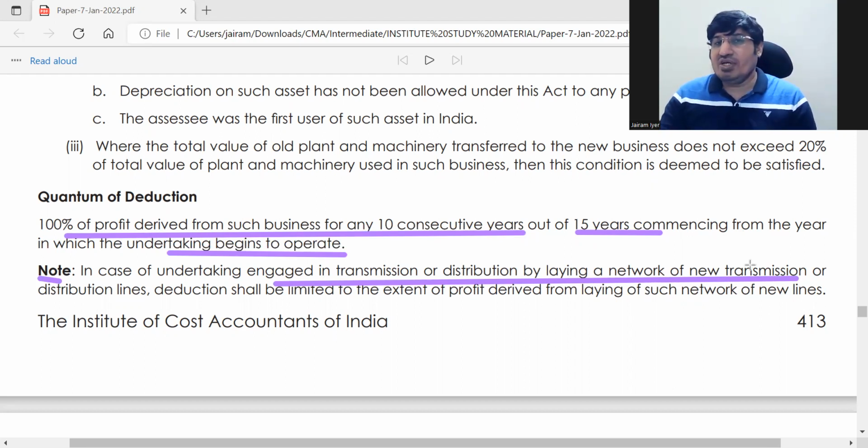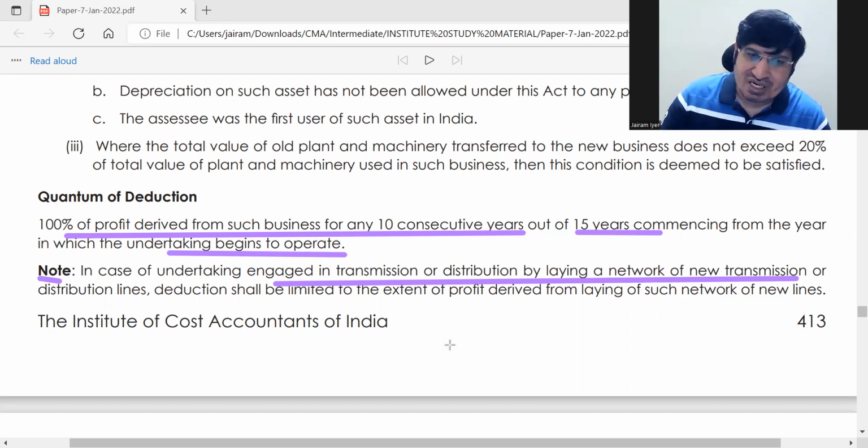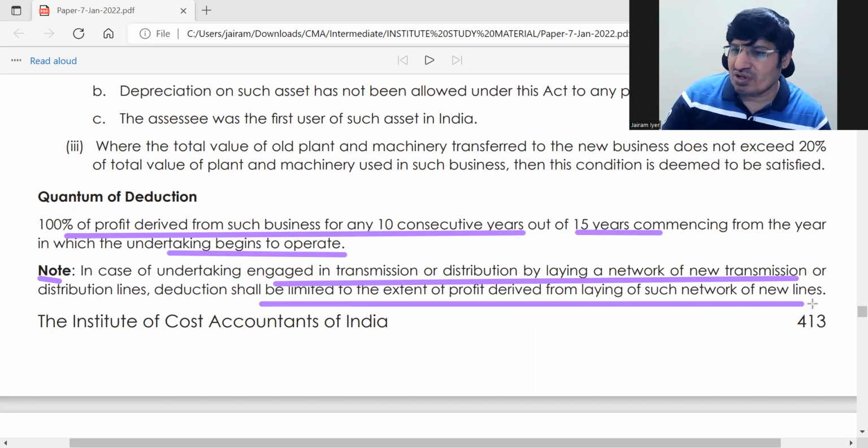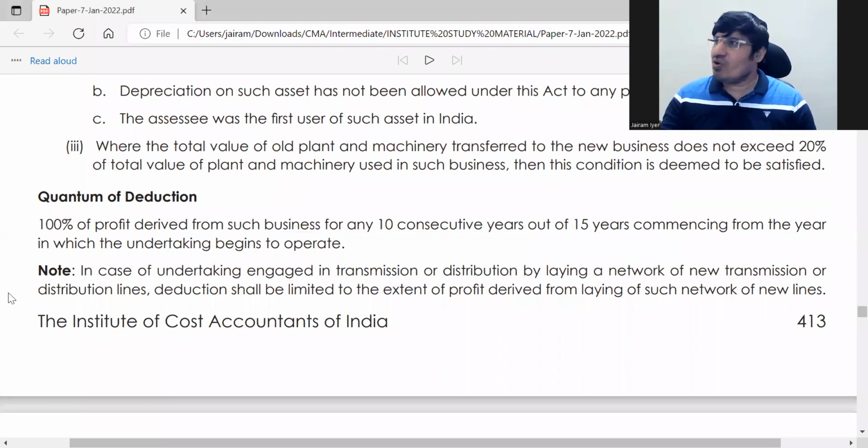So whatever new lines they are laying, in new areas, the deduction will be only for the new lines. Deduction shall be limited to the extent of profit derived from the laying of new lines. But for old lines you will not have it. For electricity companies and all, you already have lots of existing lines. Whenever you are laying any new lines, this will be applicable for that.